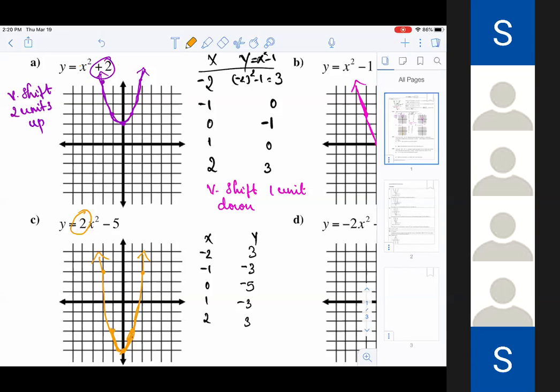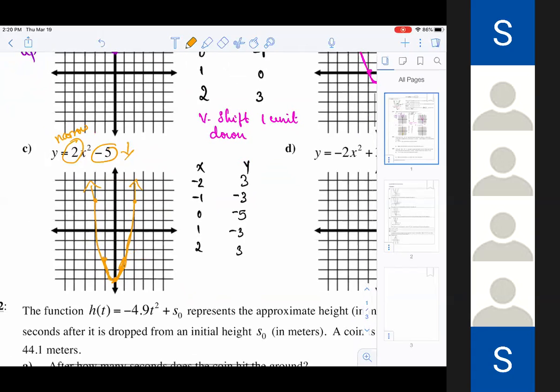And also it has moved down 5 units because of this negative 5. And this 2 will make the graph narrow. Is it all clear? Okay, so now you guys write down the transformation. The transformation here is going to be when you compare with the original function, which is the parent function.